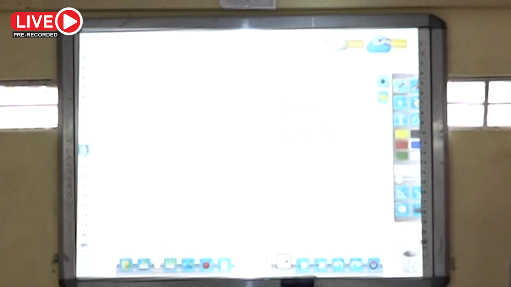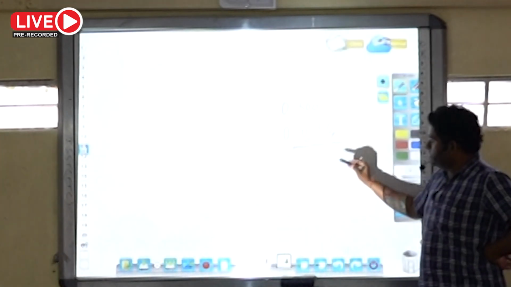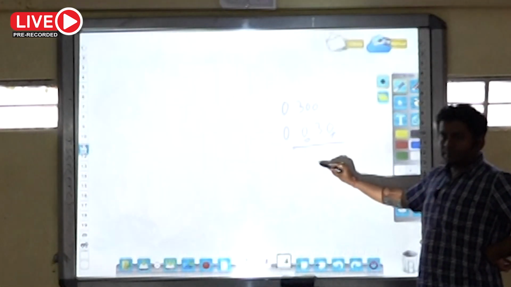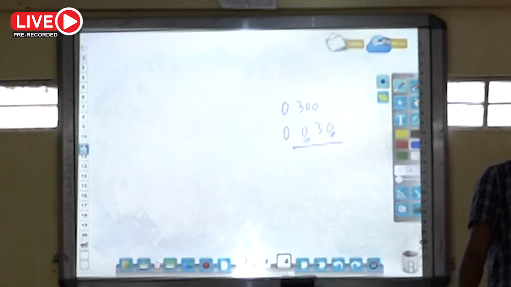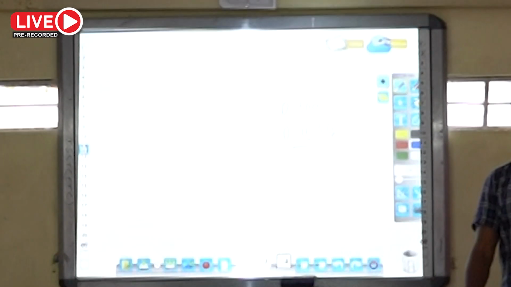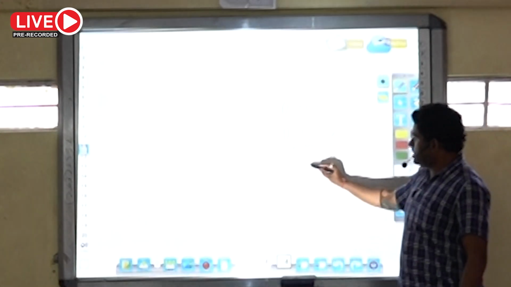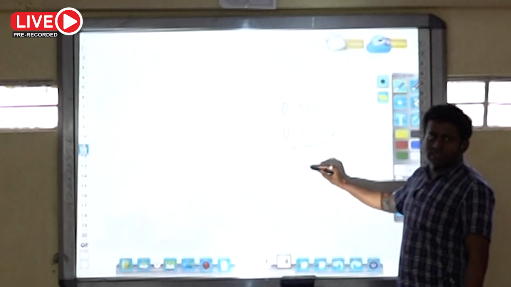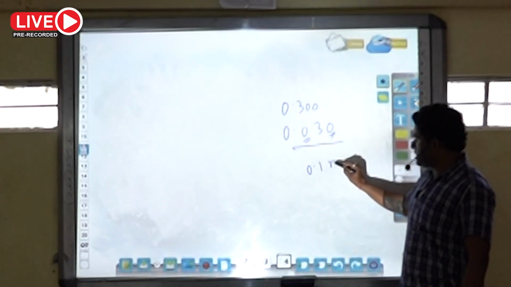Okay. Now, another thing from this portion: suppose you are given vernier calipers. You have used vernier calipers in class, in practicals in school. With vernier calipers, you can measure the smallest distance of 0.1 millimeter.